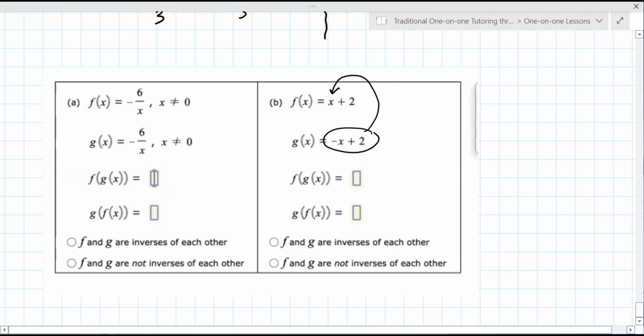So if x equals 4, I've got minus x plus 4.